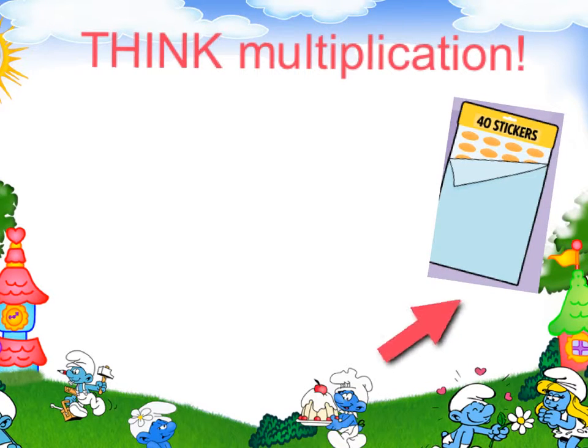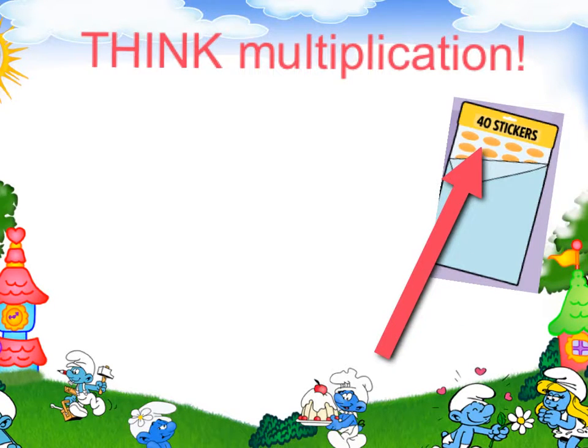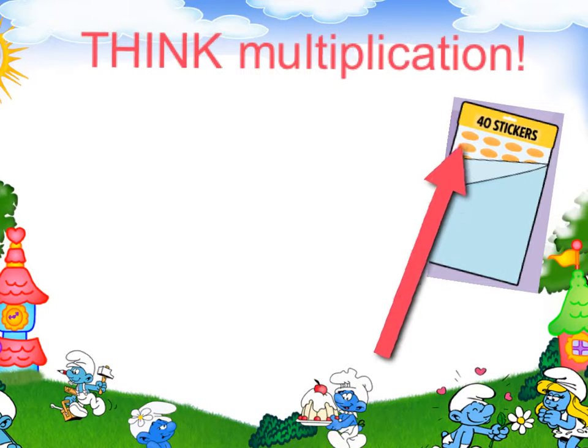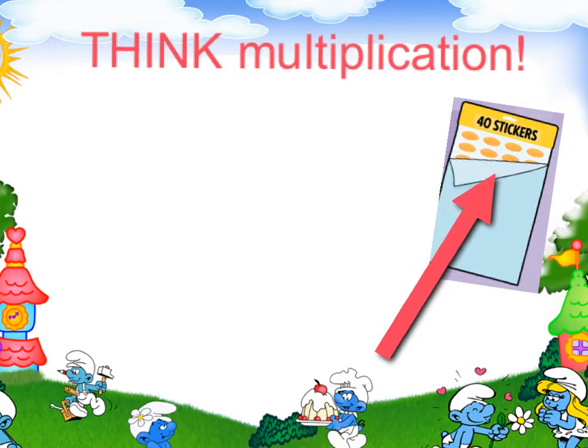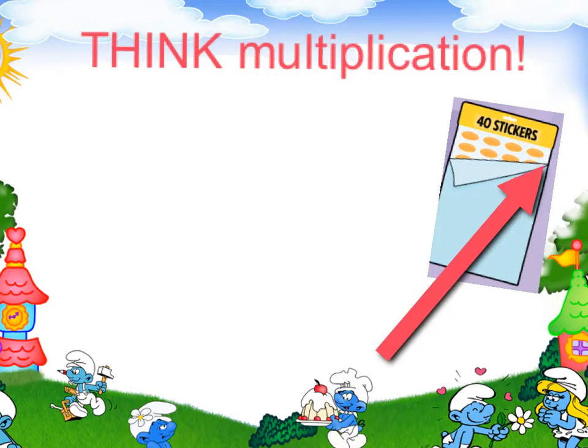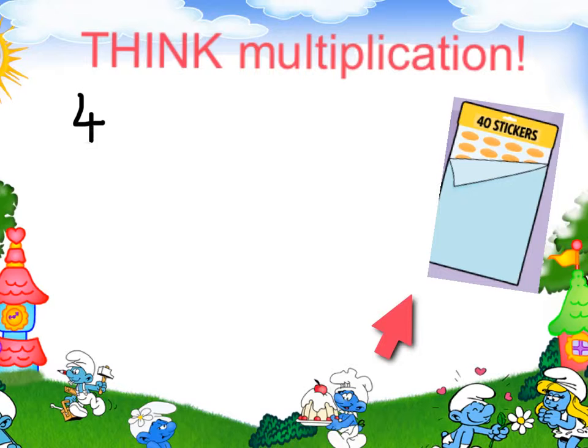Have a look at these stickers here. It says here that I have 40 stickers in total, and I can see that there are 4 stickers in each row. I wonder what kind of number sentence I could write for that. To find out how many stickers in each row, I could write 40 divided by 4 equals something.